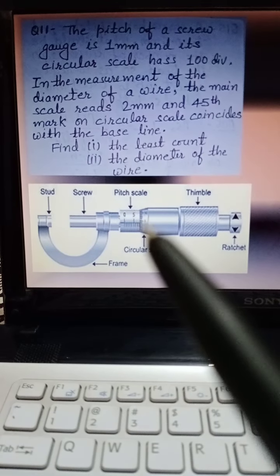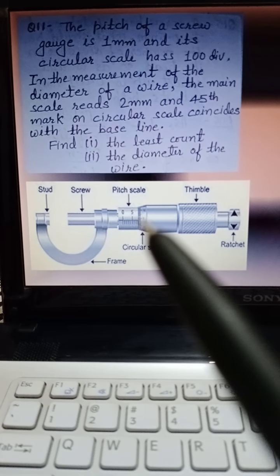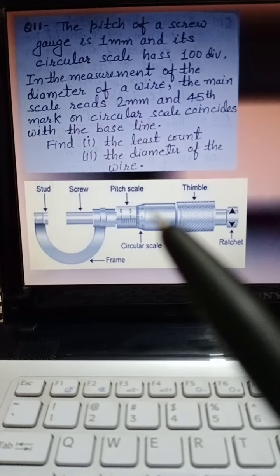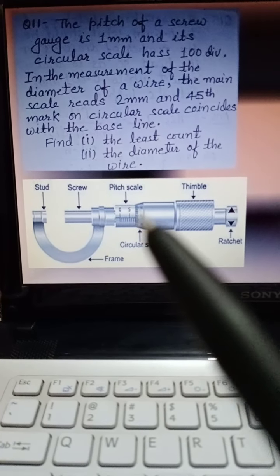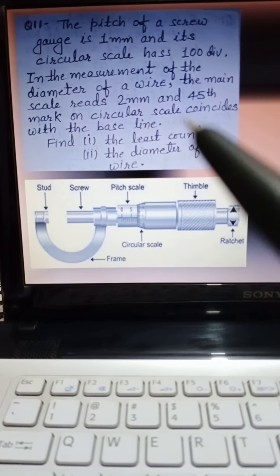So the spindle might have come to this position of 2 mm. Here is the simple diagram given, and the 45th mark on the circular scale.